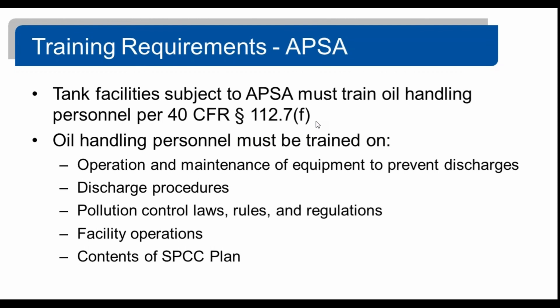So the SPCC elements noted here, operation and maintenance of equipment, discharge procedures, pollution control laws, rules and regulations, facility operations, contents of the SPCC plan are specific to those above ground storage tanks that store petroleum under APSA and oil under federal regulations. And the intent is to prevent a spill release of the petroleum or oil to a body of water within the state of California.